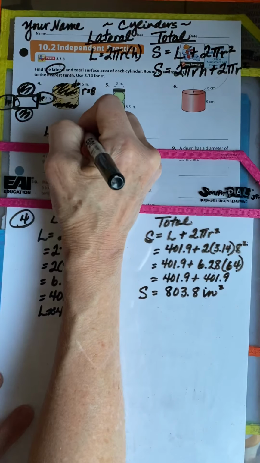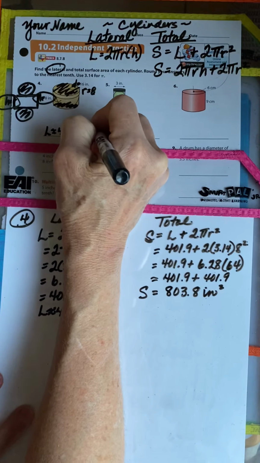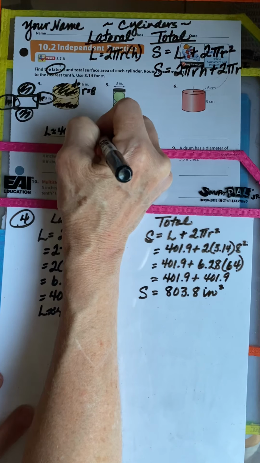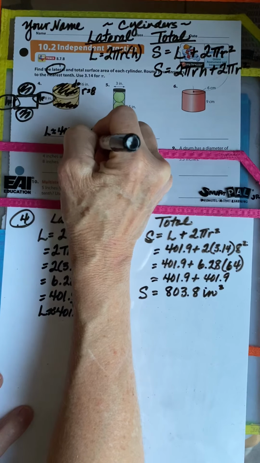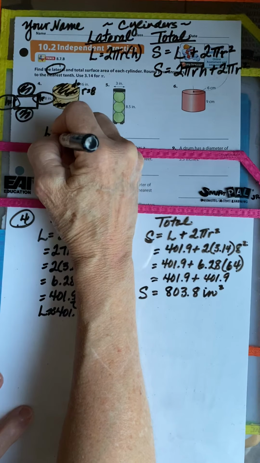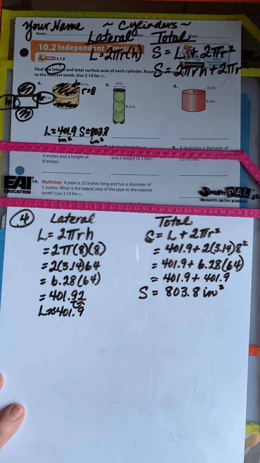Okay? S equals approximately 803.8 inches squared. Inches squared. Good, good?